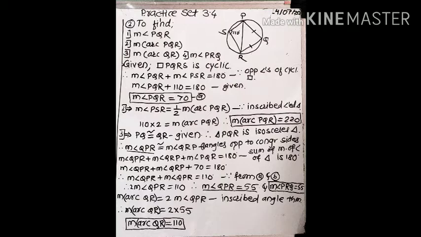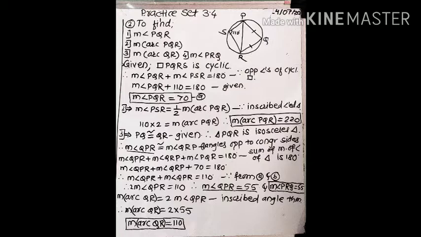That's why the measure of angle QPR plus the measure of angle QRP plus angle PQR, which is 70, is equal to 180. Measure of angle QPR plus measure of angle QPR, because P and R are congruent, we are getting 110. Then twice the measure of angle QPR is 110.